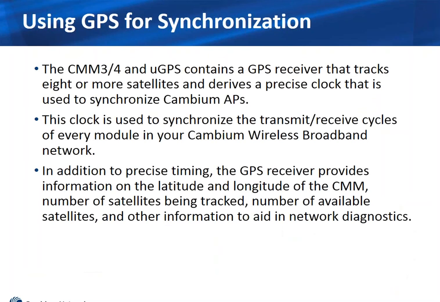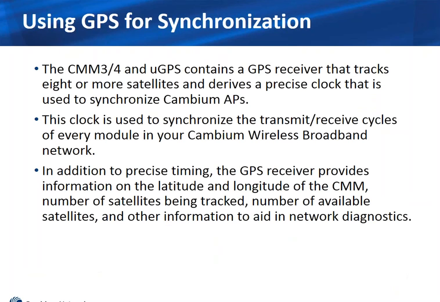All right, so I think we've talked through a lot of this already. The CMM3, there's another version called CMM4, and a UGPS, Universal GPS, contains a GPS receiver, tracks 8 or more satellites, and provides precise clocking to synchronize Cambium access points.